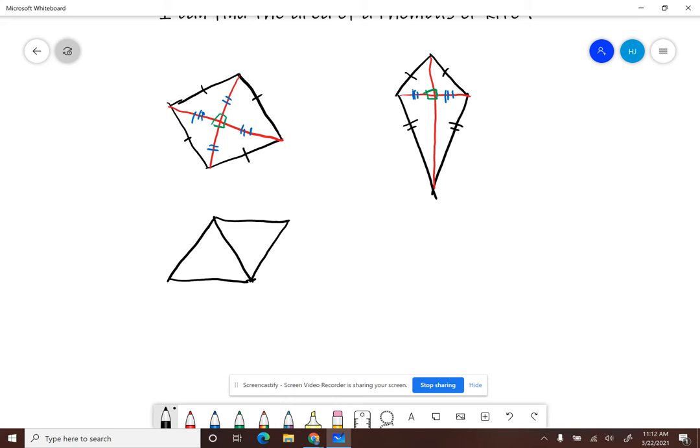And the other thing that I want you to understand and realize is that these actually have the same exact base. Okay, so these two triangles, they actually have the same base here. If I were to cut them along this line right here, they actually have exactly the same base. But here's the other thing I want you to think about.